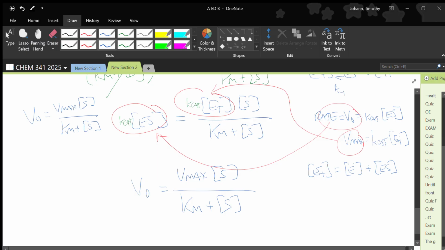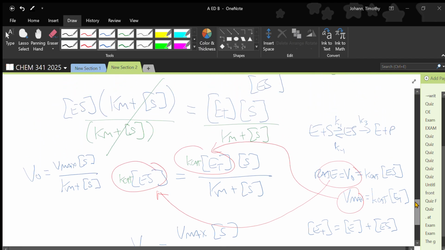There's an assumption here that makes this all work and makes Km be a Kd, which is that this is slower than these. And so you get into trouble. K3 is not exactly Kcat if that assumption is not true.